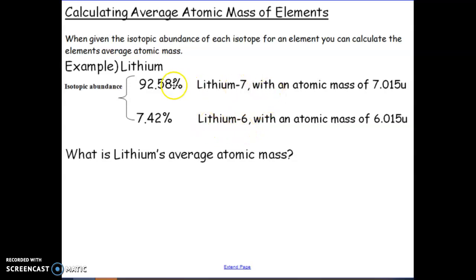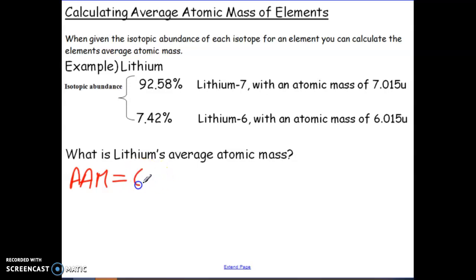So we're going to use these values to calculate the average atomic mass. I'm going to use AAM for short. How you calculate average atomic mass is the same, no matter if you have 2 isotopes or 5 isotopes.